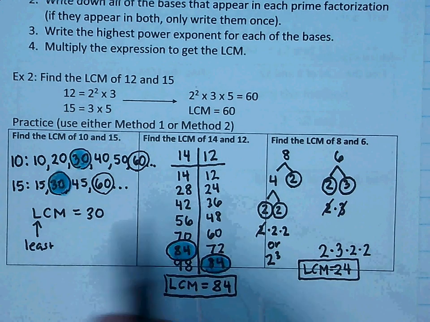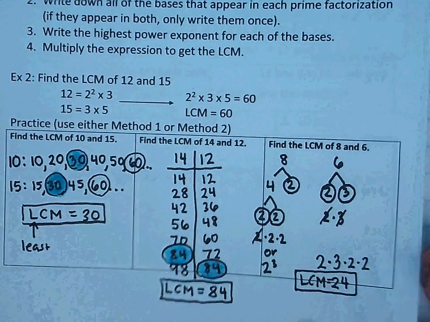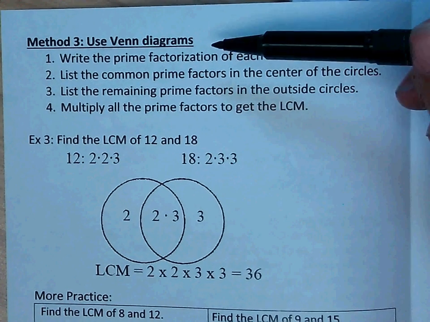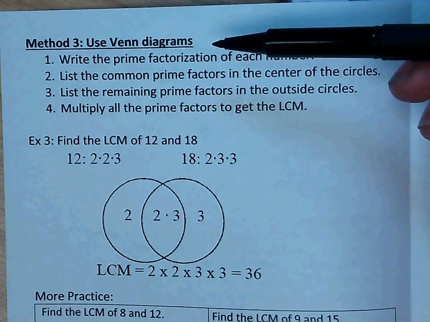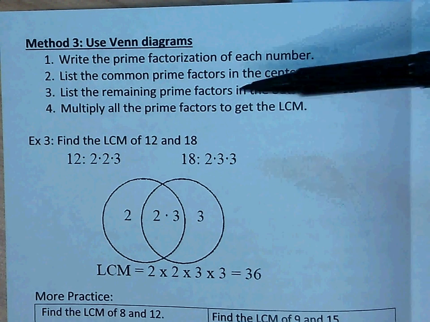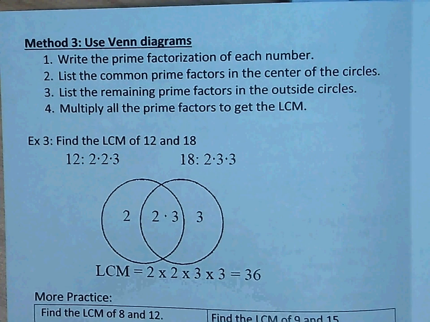All right. And then the third method is on the inside, so let's go on the inside of our notebook. Using a Venn diagram. So yesterday you guys used Venn diagrams for GCF. Today we're going to use it for LCM. If you remember from yesterday's notes, we actually used 12 and 18. Well, we're going to use them again.